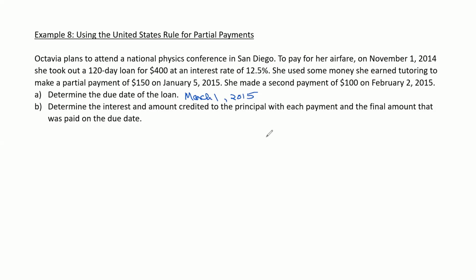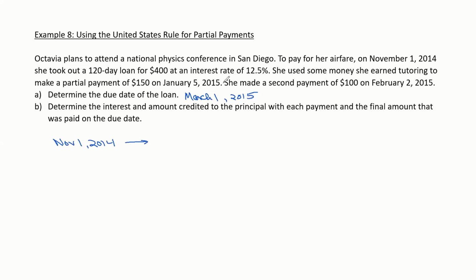So we want to determine the interest and amount credited to the principal with each payment and the final amount that was paid. So let's start with where she started. So her first period was November 1st when she borrowed the loan, 2014, up until she made her first payment.